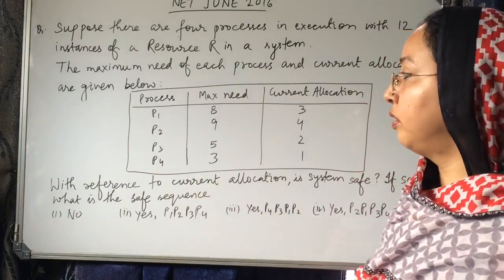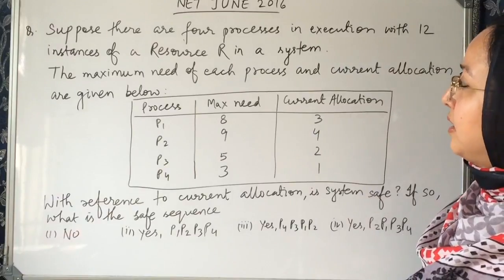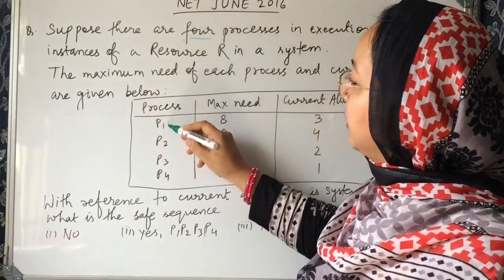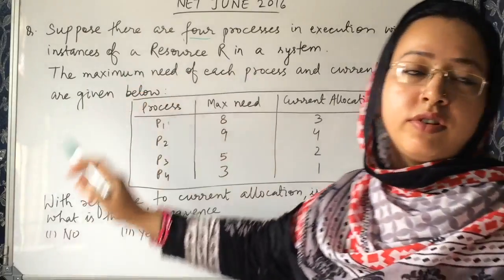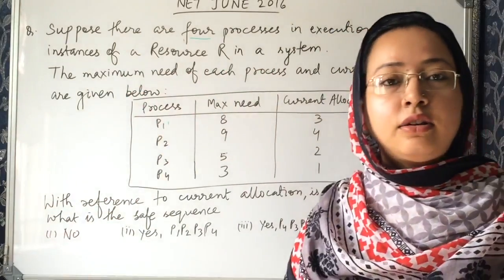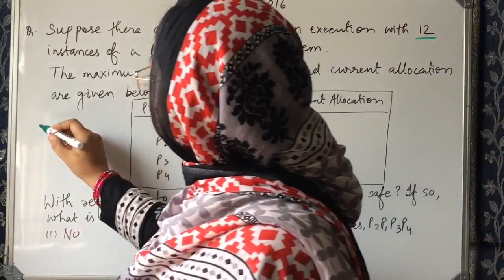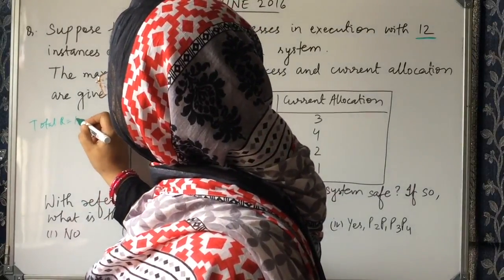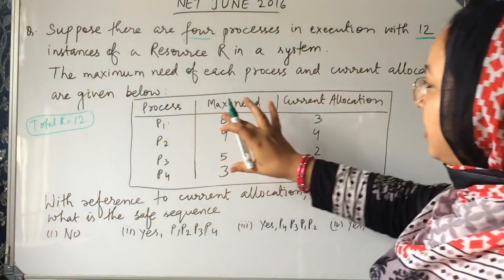So how will we do that? Let's see. It says there are 4 processes, P1, P2, P3, P4, in execution with 12 instances of the resource. 12 instances means there are a total of 12 resources available.